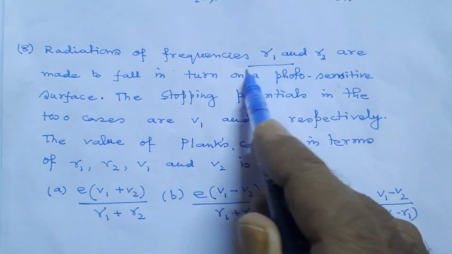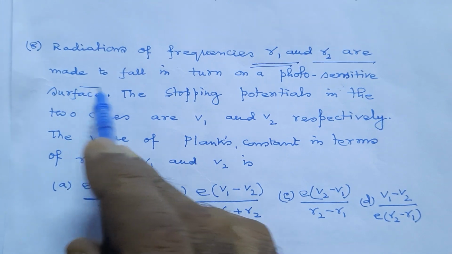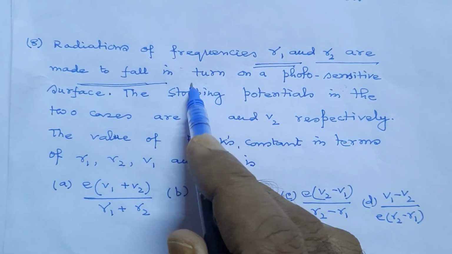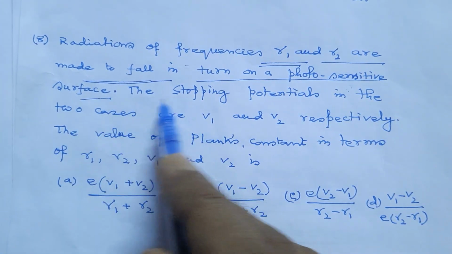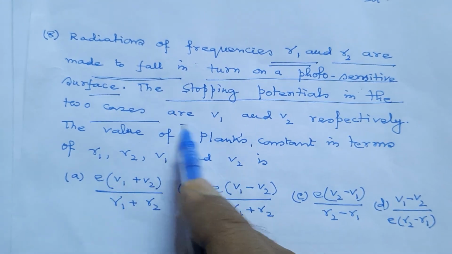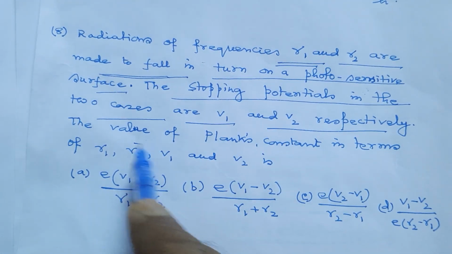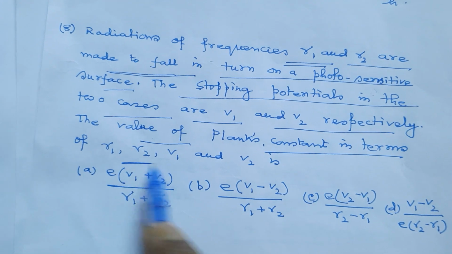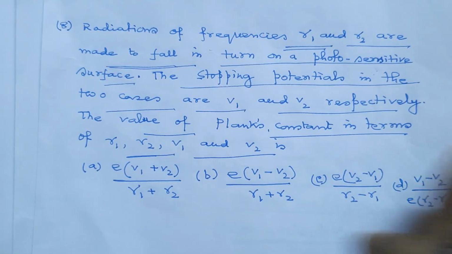Radiation of frequencies nu1 and nu2 is made to fall in turn on a photosensitive surface. The stopping potential in the two cases is V1 and V2 respectively. We need the value of Planck's constant in terms of nu1, nu2, V1 and V2.